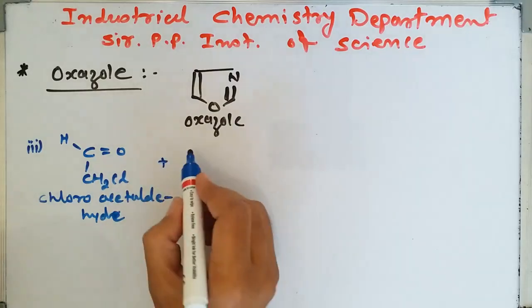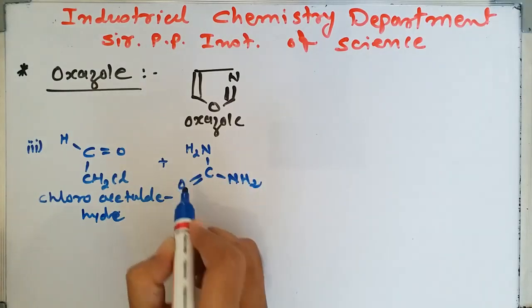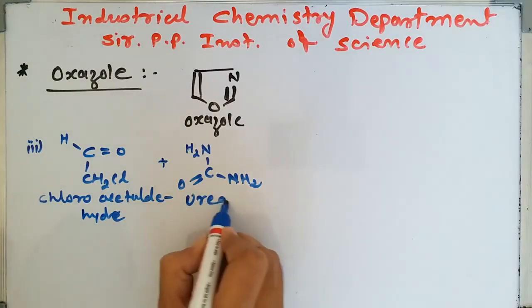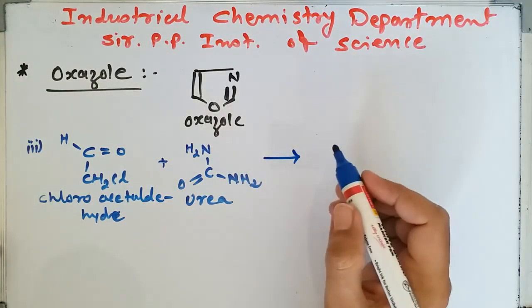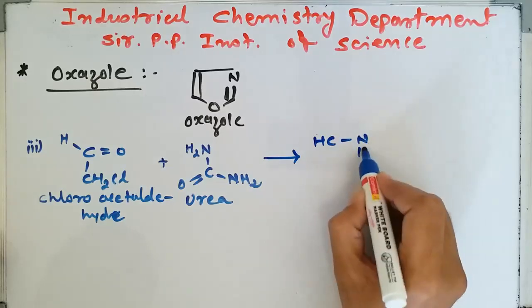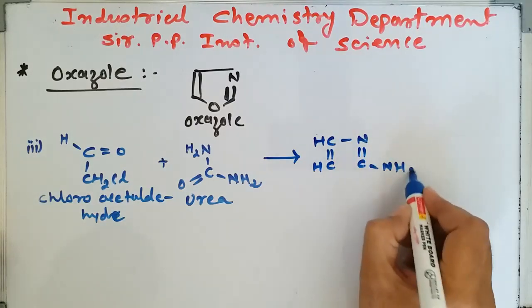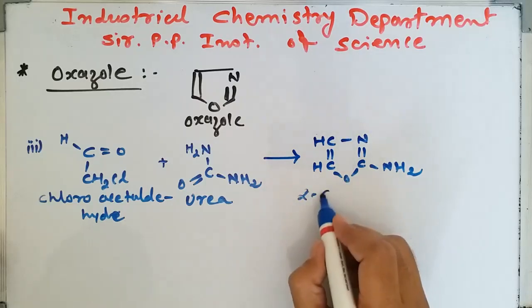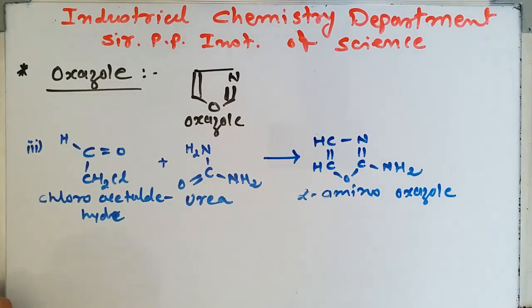Urea is NH2CONH2. When chloroacetaldehyde and urea are reacted, we get 2-amino-oxazole. This is a derivative of oxazole.